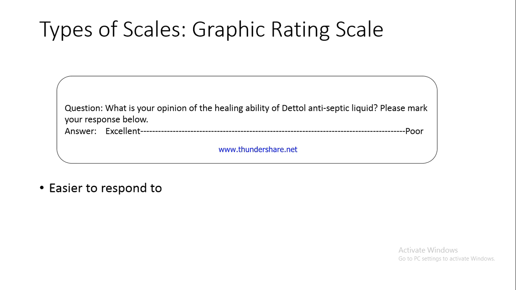And that is why it is easier for the respondent to respond to such questions. And since it is easier, it is going to speed up the interview because the respondent will have to spend much less time thinking where to mark his response, because of which the interview will be wrapped up fast.